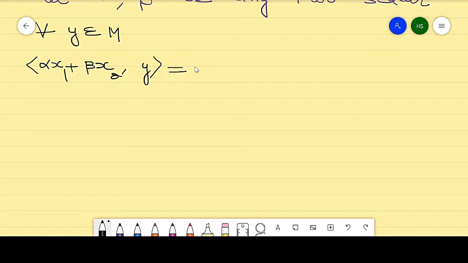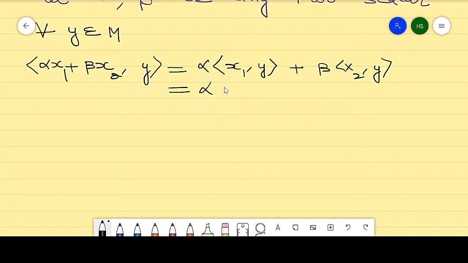by using the property of inner product, will be alpha times the inner product of x1, y plus beta times the inner product of x2, y. As we know, alpha into 0 plus beta into 0, this total term is equal to 0.